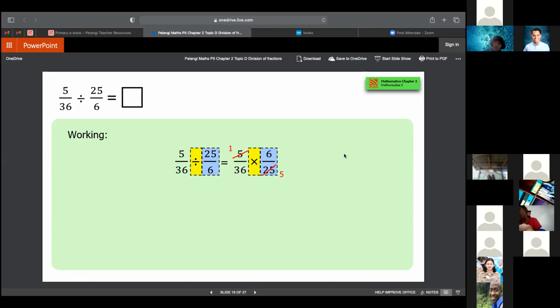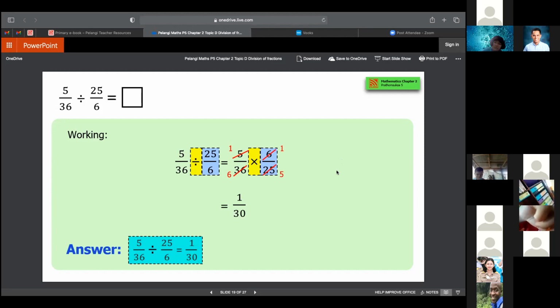Next, 6 and 36, we can divide also by 6. 6 divided by 6 is 1. 36 divided by 6 is 6. What we do here is called cancellation. We cancel with a common number, their GCF. Next, 1 times 1 is 1, 6 times 5 is 30. So this is already the answer for 5/36 divided by 25/6: 1/30.